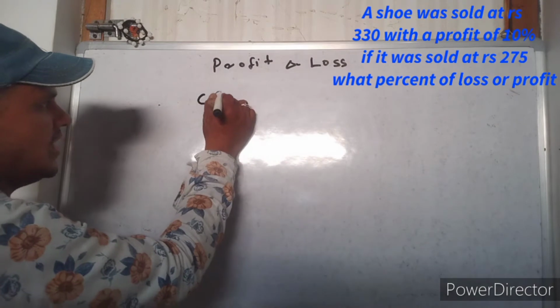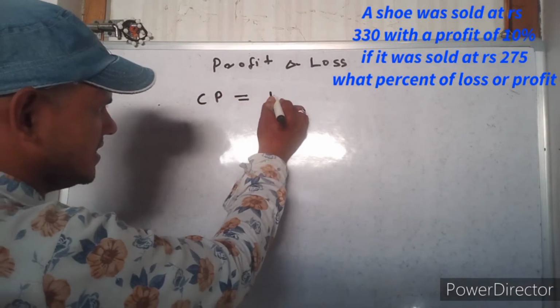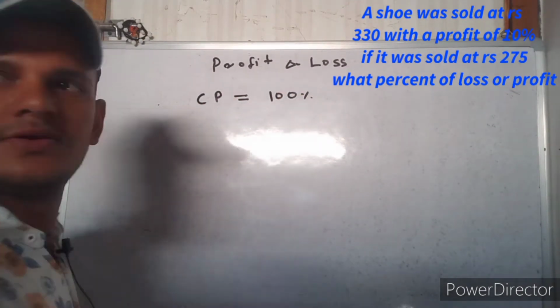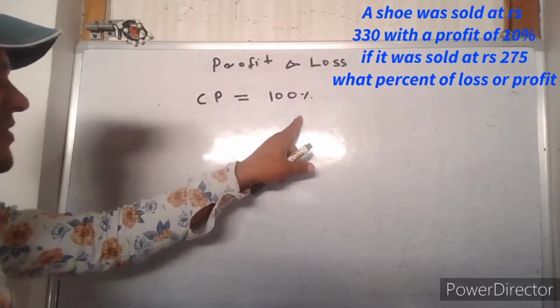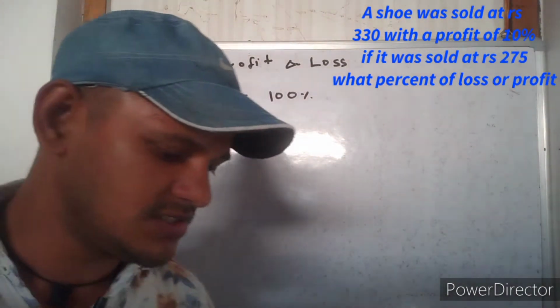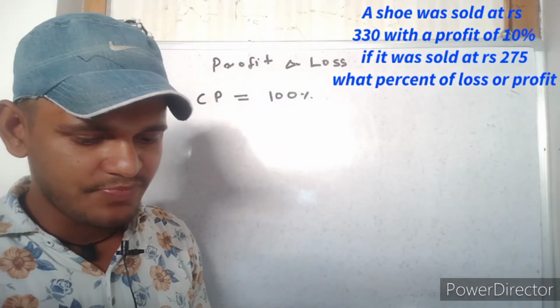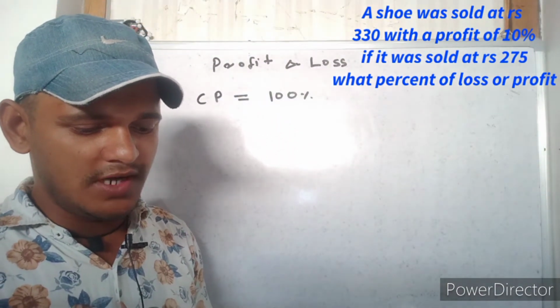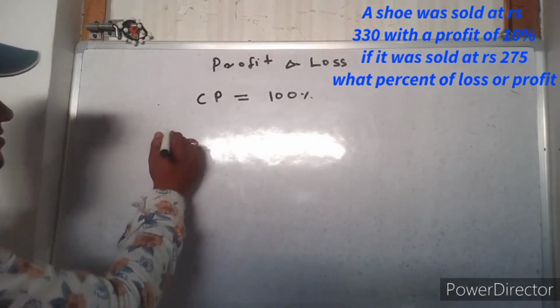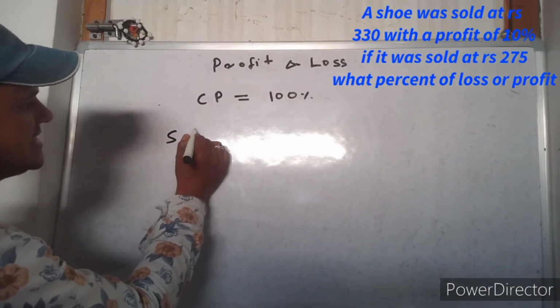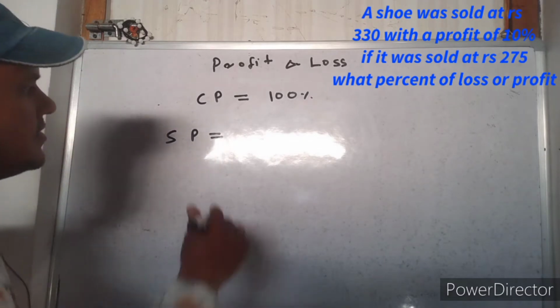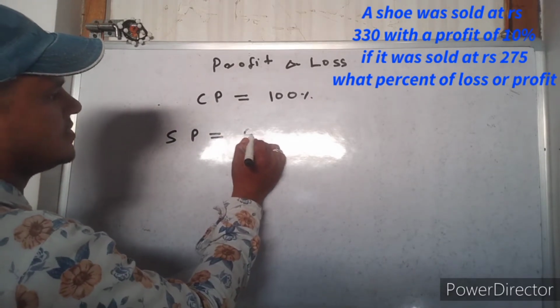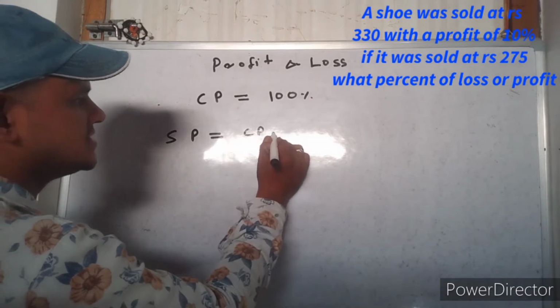Your CP always will be 100%. And the question asks, sold was, it means selling price, SP.